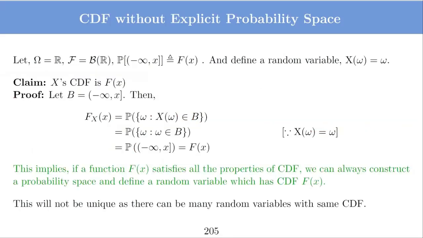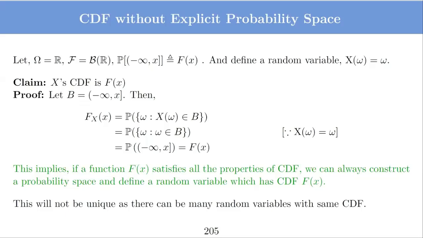One example which we take is: let's take the sample space as the real line, the sigma algebra as the Borel sets on R, and a probability measure defined such that the probability measure of any interval (-infinity, x] for any x is F_X(x).